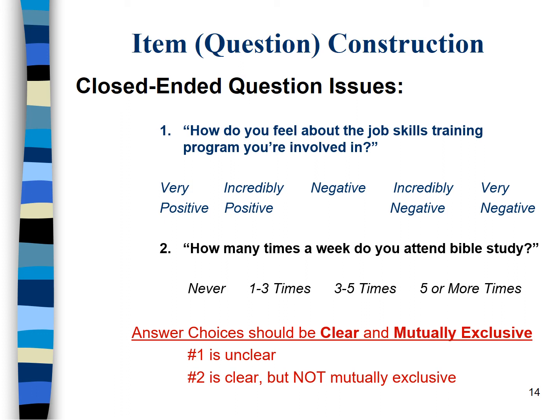Very and incredibly are rather vague. Which one's a higher level of agreement or a higher level of feeling, which one's a lower, it's hard to ascertain. So you want to be careful about that. You'll notice down in the red, I talk about clarity, and I say number one, it's unclear. So I wouldn't want to be using that very and incredibly too much.